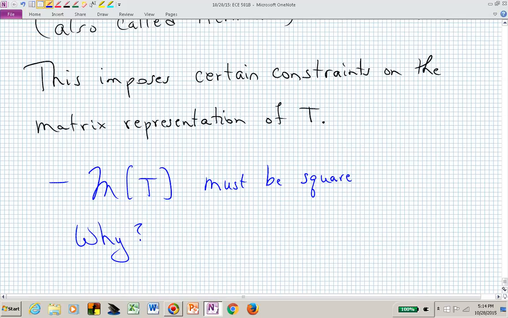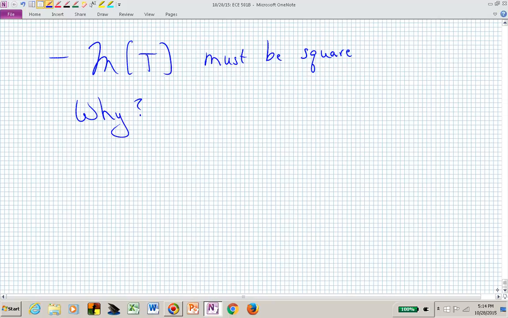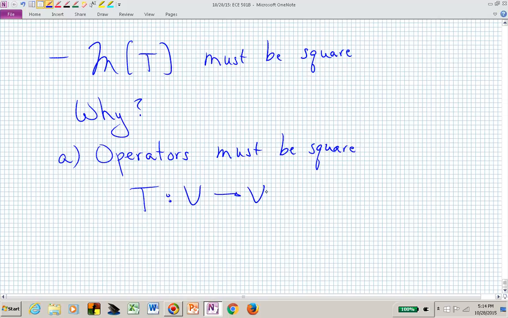Why does it need to be square? The obvious reason is operators have to be square, and we're saying it's a self-adjoint operator, so there's one justification, so that T is taking V to V.